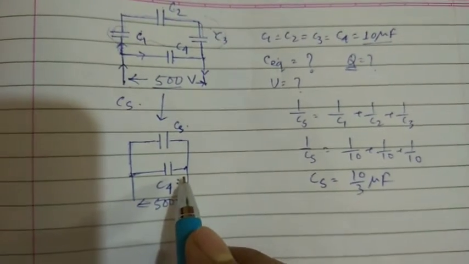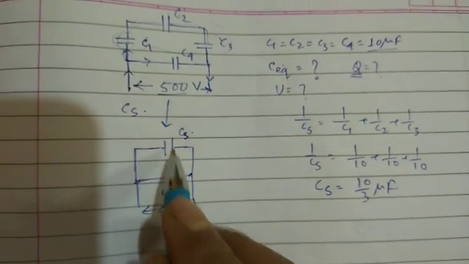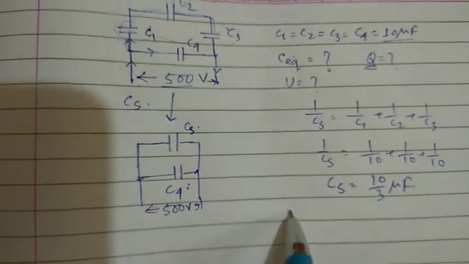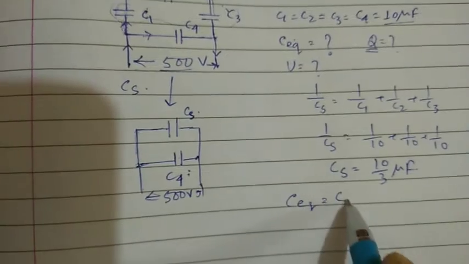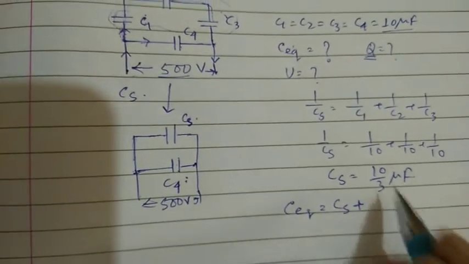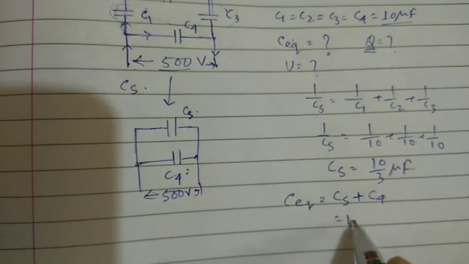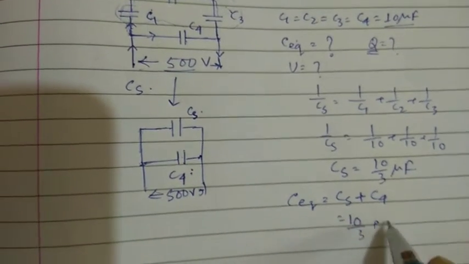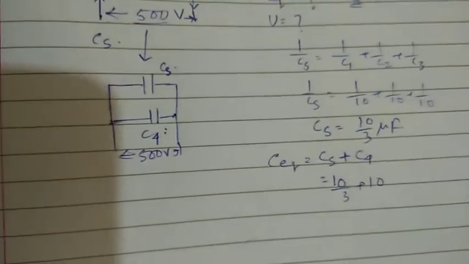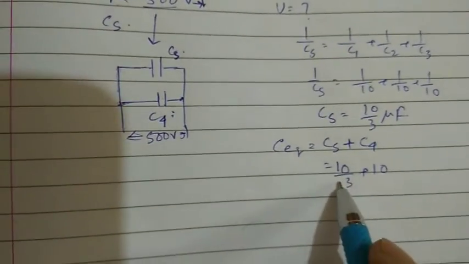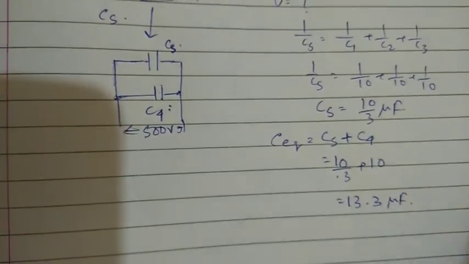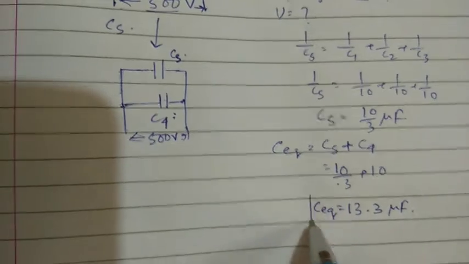Now they are in parallel, so C equivalent just adds up: 10 by 3 plus 10. This is like 3.33 plus 10, so 13.3 microfarad. This is the equivalent capacitance of this circuit.